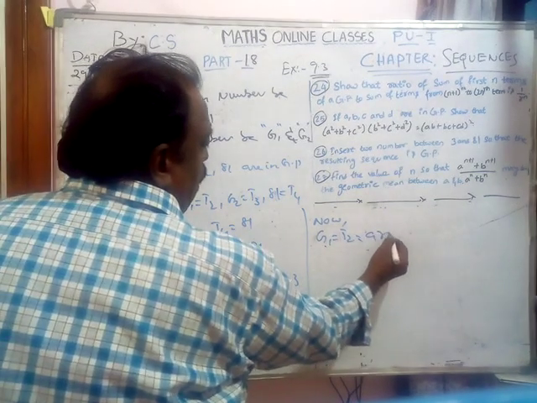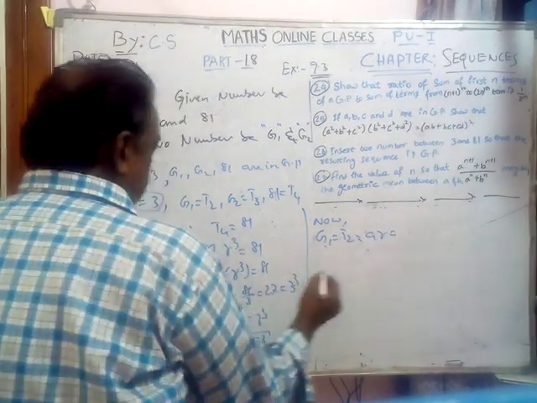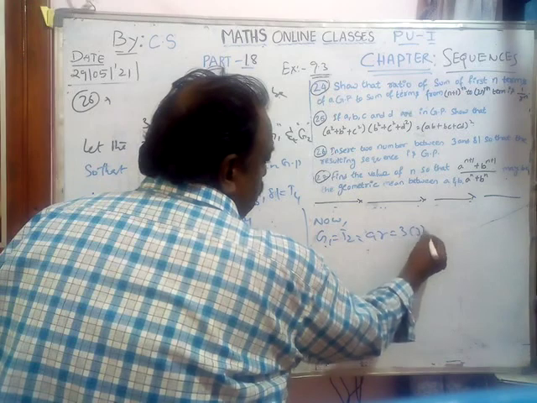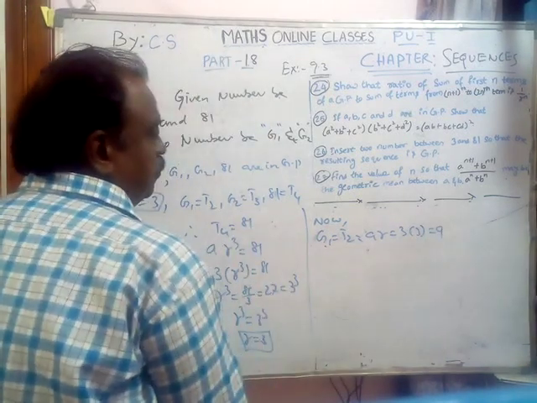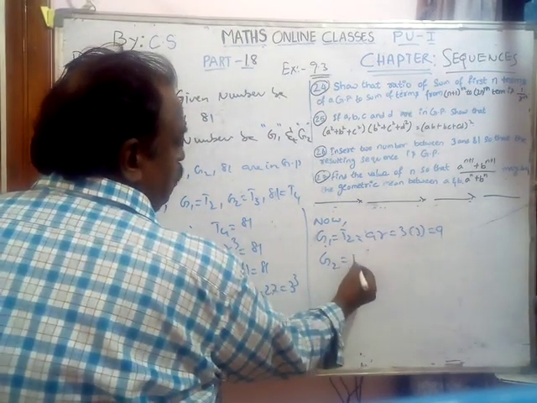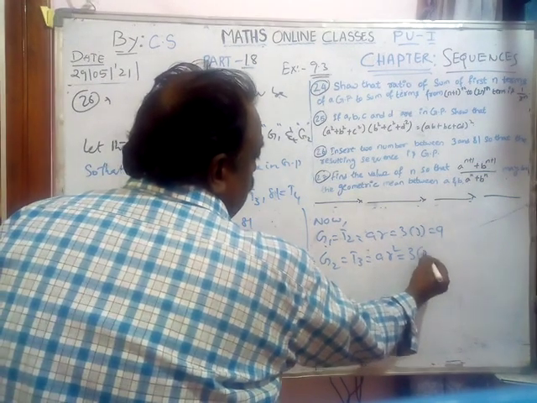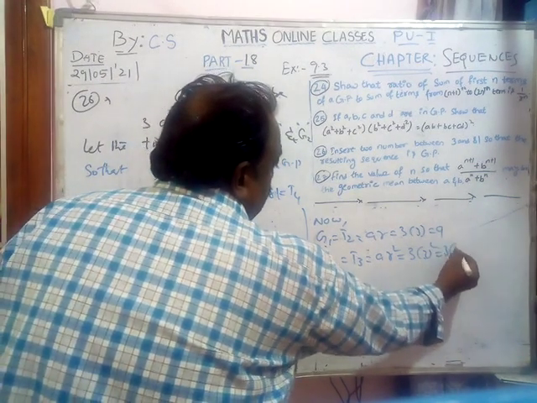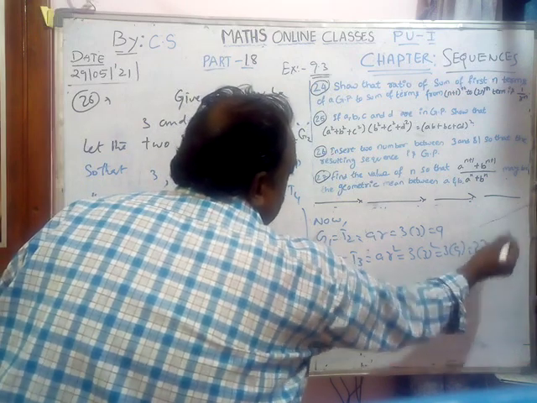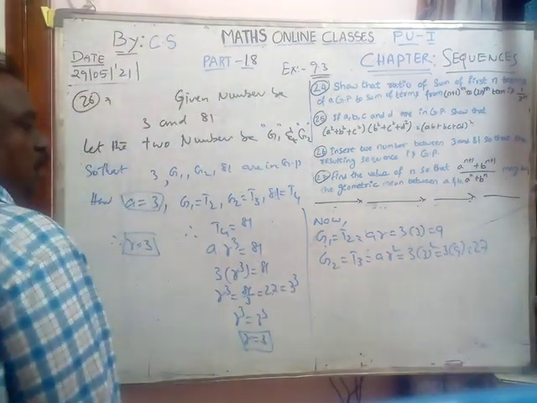T2 means A R, A is 3, R is also 3, so it is 9. G2 is T3, which is A R square, 3 into 3 square, 3 into 9. It is 27.